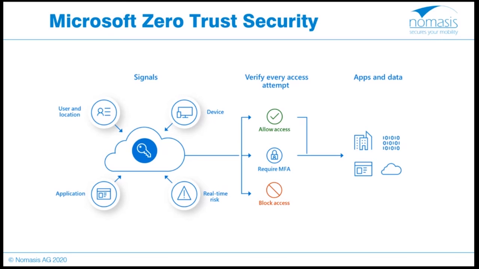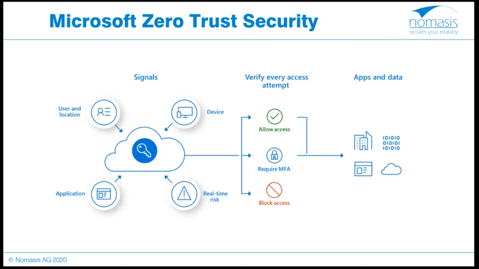And only if those signals are a combination that we trust, so it is a user we know, it is a device we know, it is an application we know, and there are no real-time risks, then he might have access. So he tries to access, and then we verify every access attempt. Either we allow access, or if he doesn't have the appropriate access rights, we can block the access.